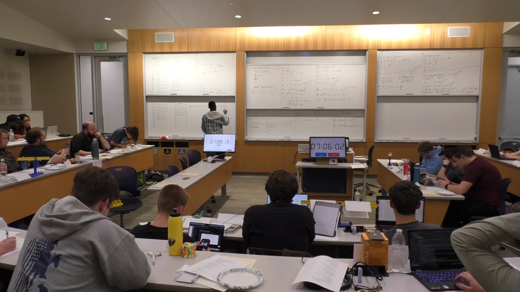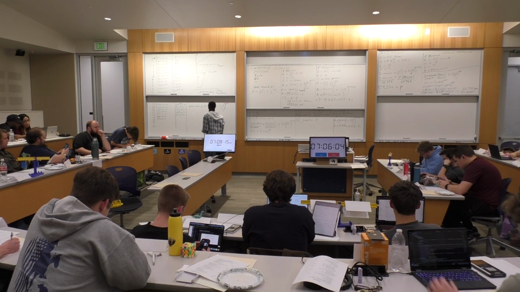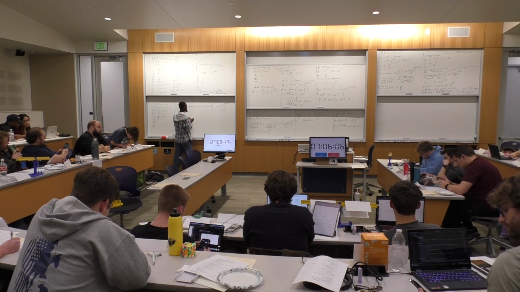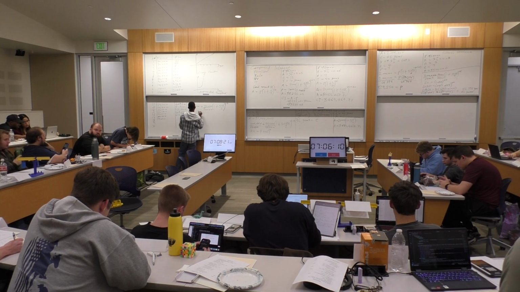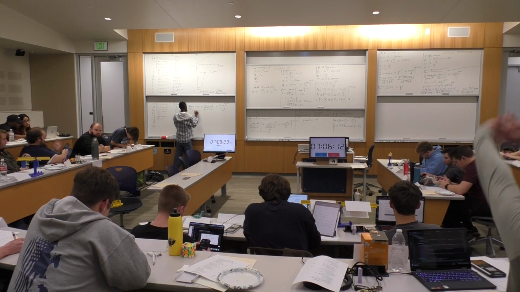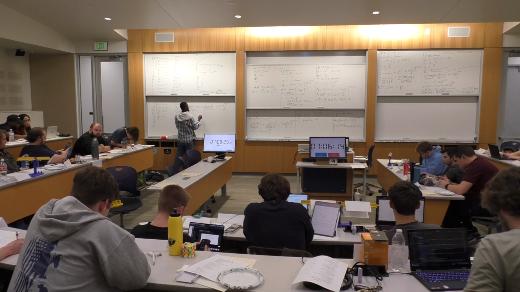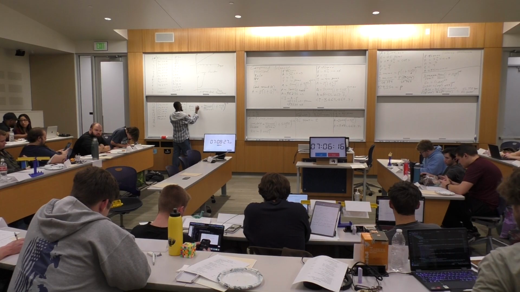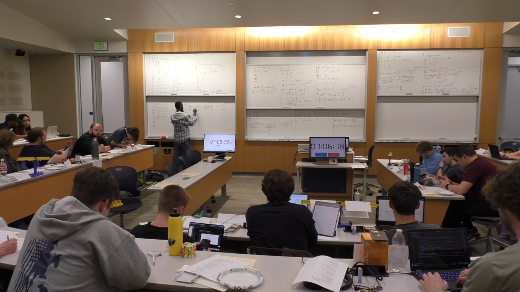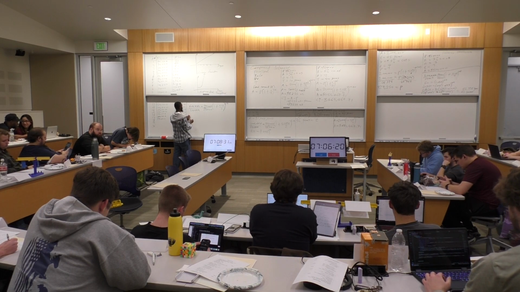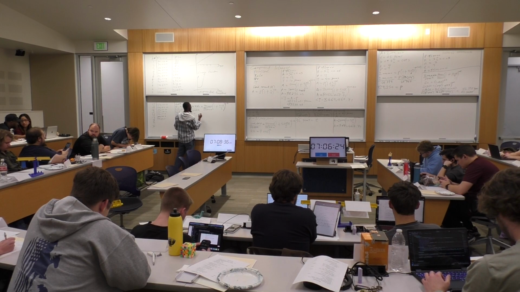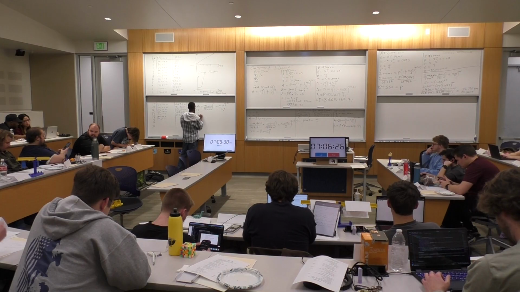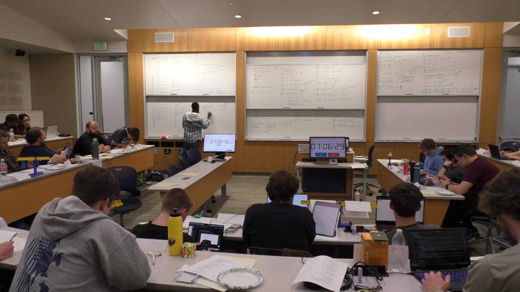Hence you have 2 times t. Divide both sides by 20,000. This will cancel this. We're left with everything raised to the power 2t.